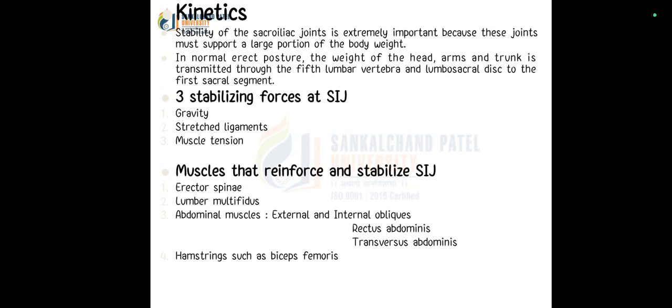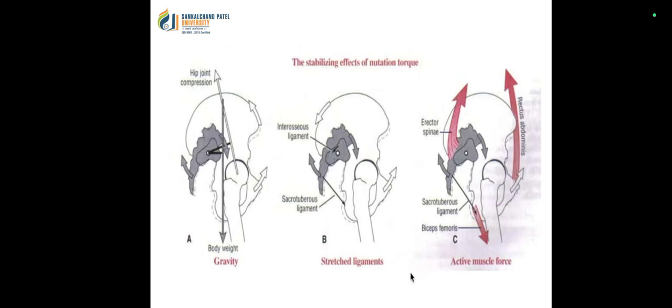Muscles that reinforce and stabilize the SI joint include erector spinae, lumbar multifidus, and abdominal muscles: external and internal obliques, rectus abdominis, transverse abdominis, and hamstrings such as biceps femoris. First one is gravity, second one is stretch of ligaments, and third one is active muscle force.